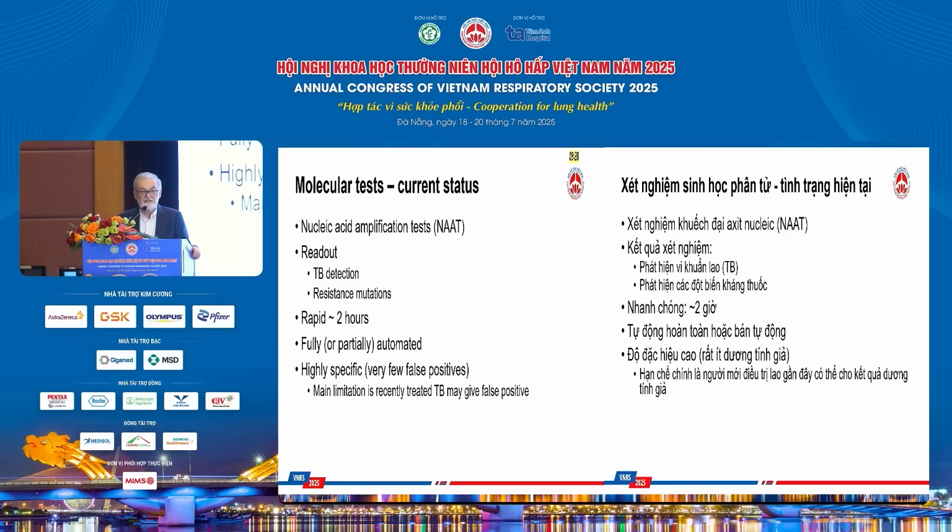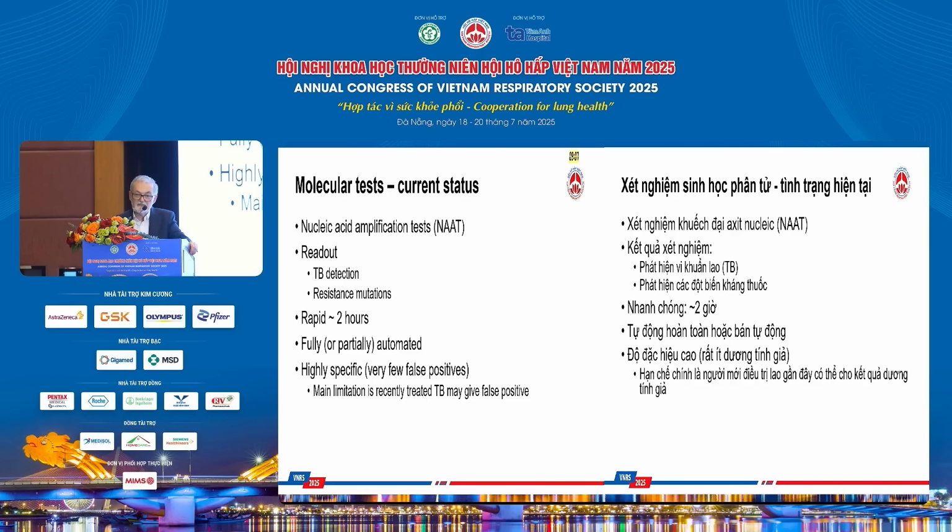It's highly specific. So if you get a positive test, it's almost certain that the patient has Mycobacterium tuberculosis in their sputum. The main limitation on the specificity is in the patients who've had recent treatment for TB.